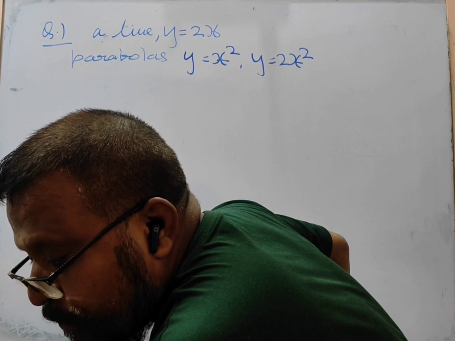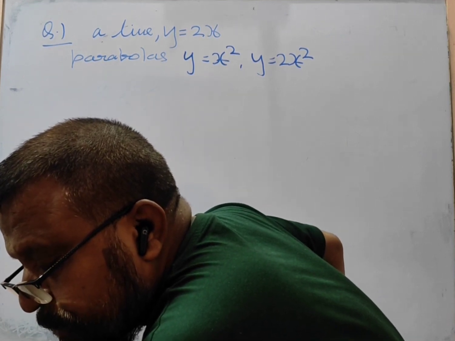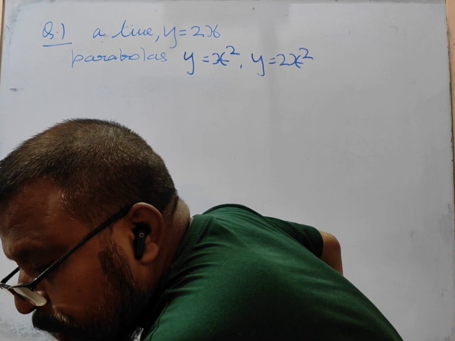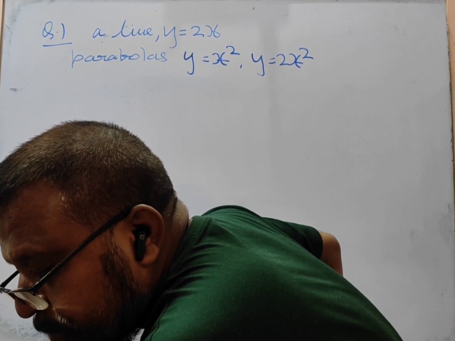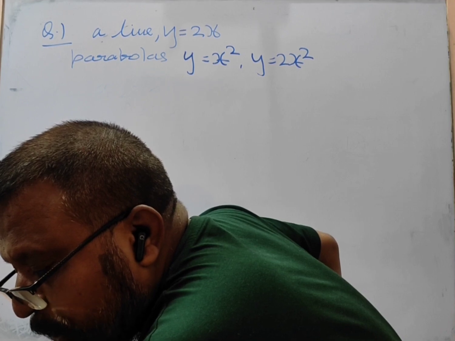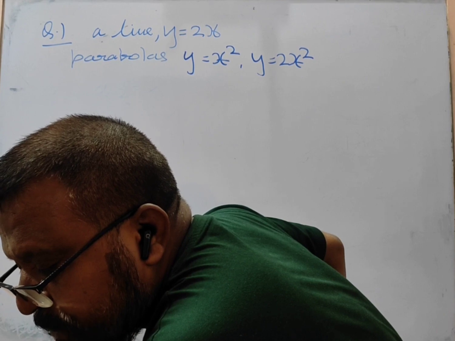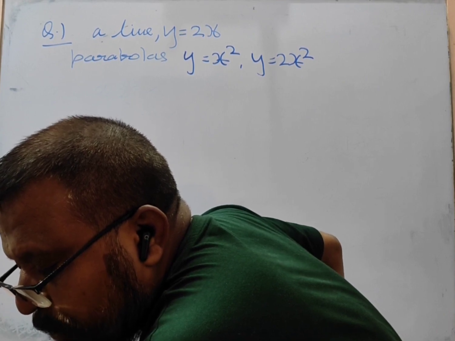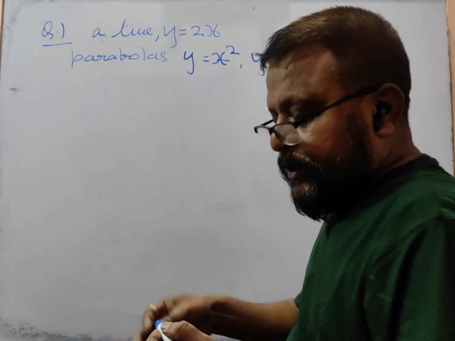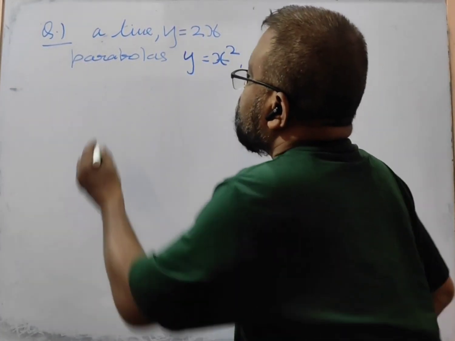Find the point of intersection A, where line y is equal to 2x and parabola y is equal to x square intersect, in addition to the origin.